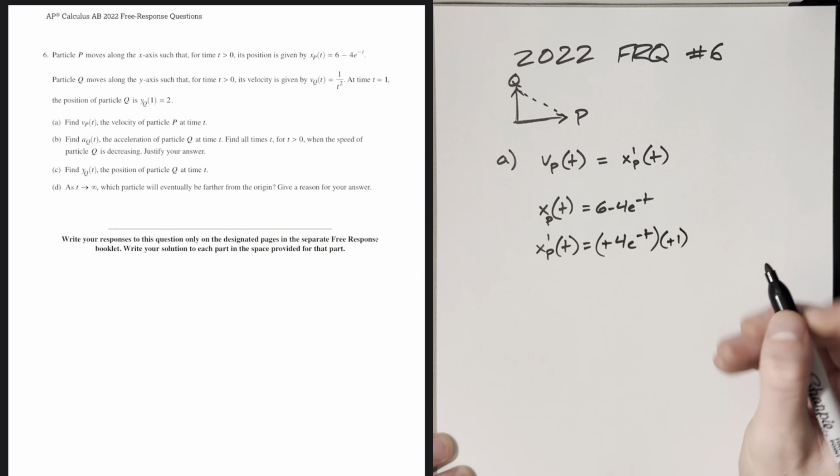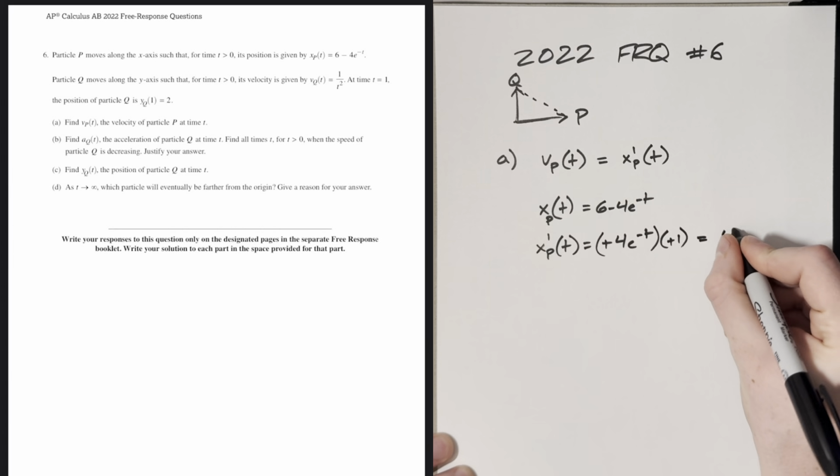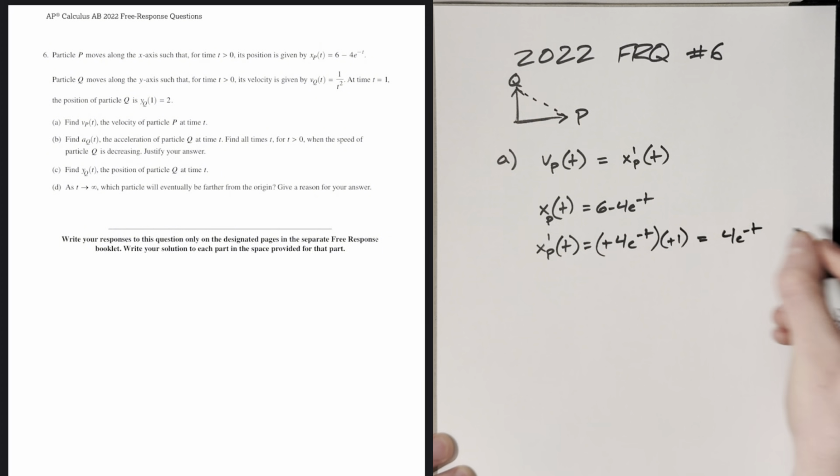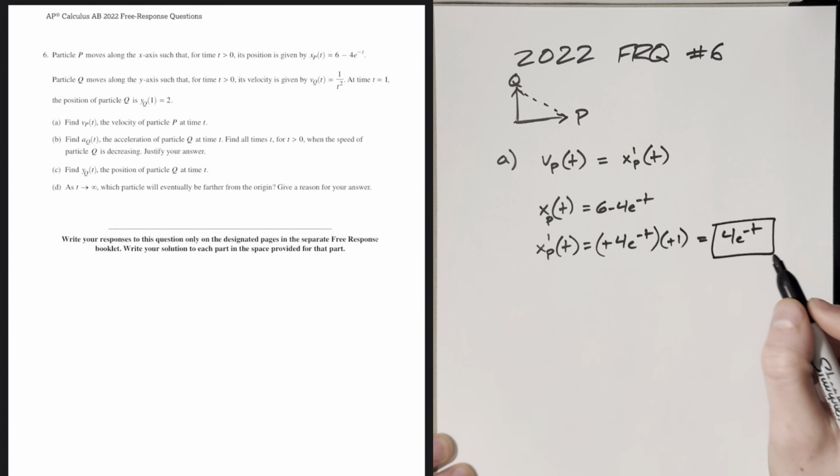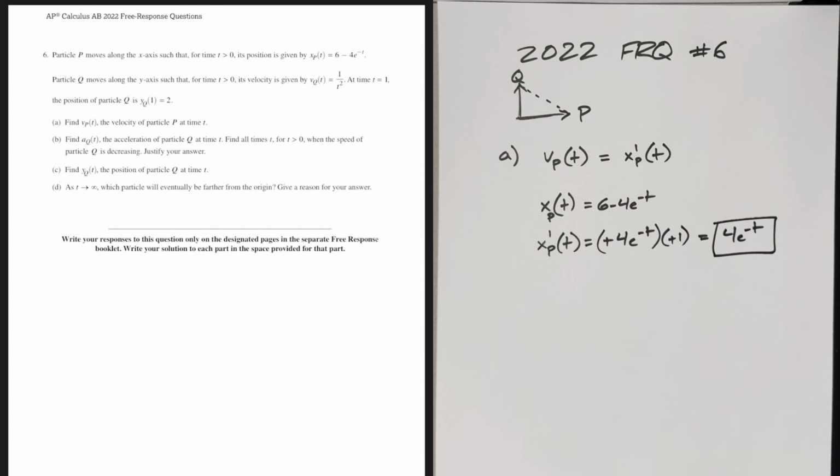So those negative signs will cancel out, and I will get 4e to the negative t power. And that is equal to the derivative of my position, which is the velocity function. So part A, honestly super simple, just taking a derivative of this function, understanding that the derivative of position is velocity. So that's part A.